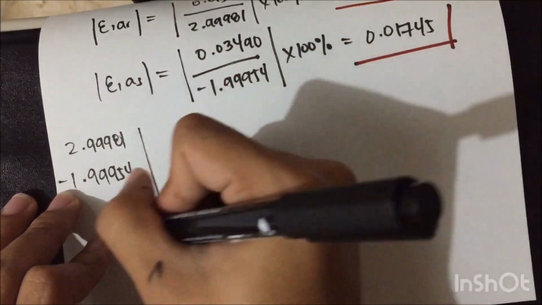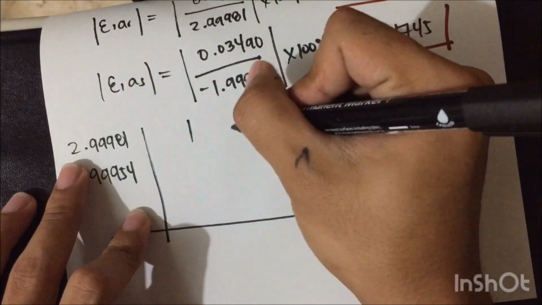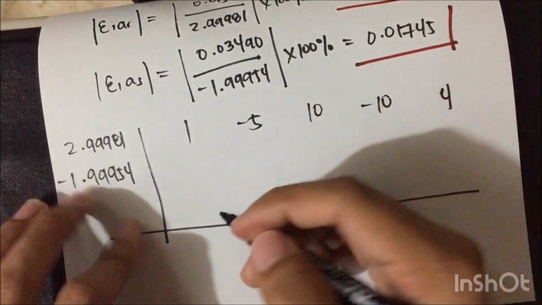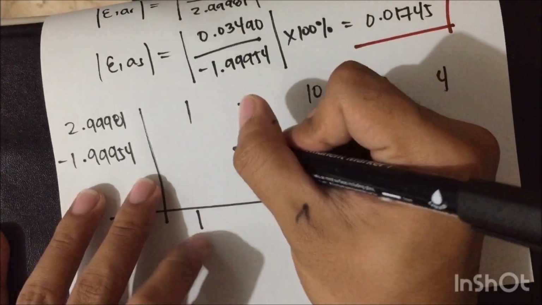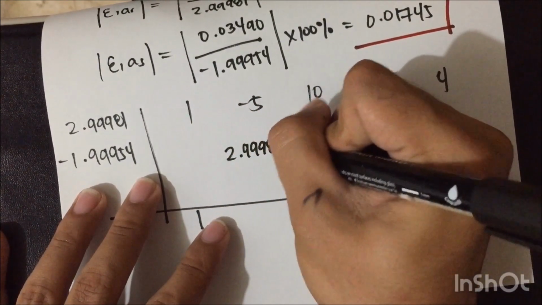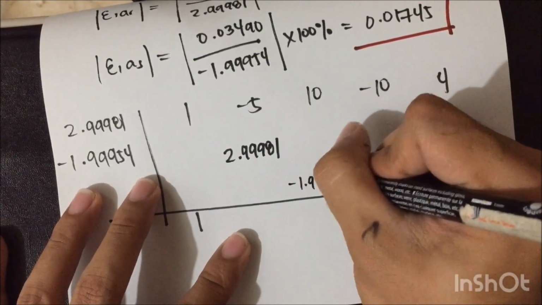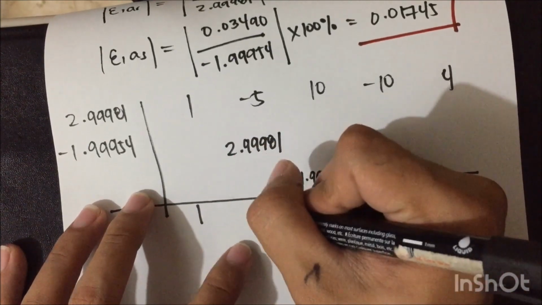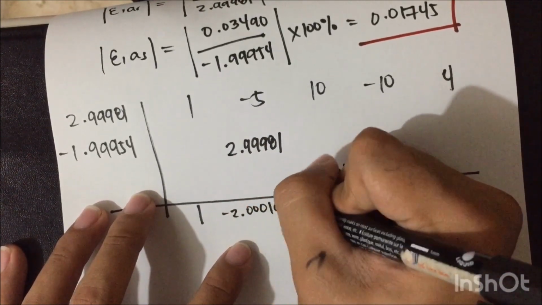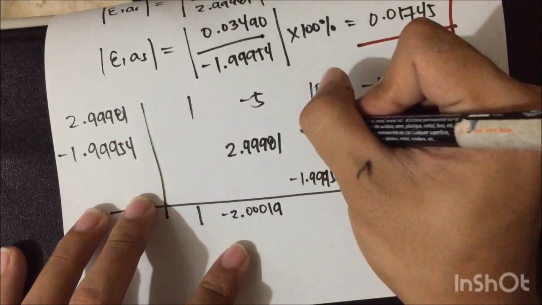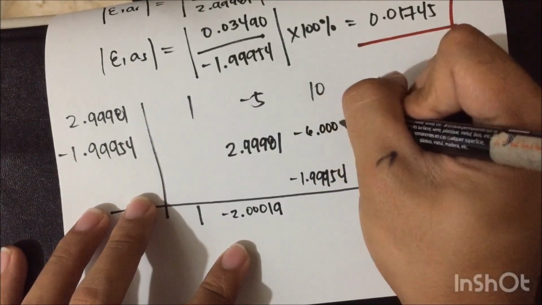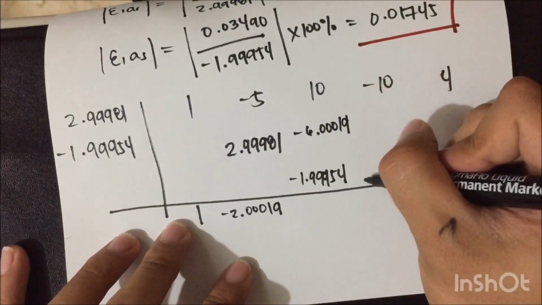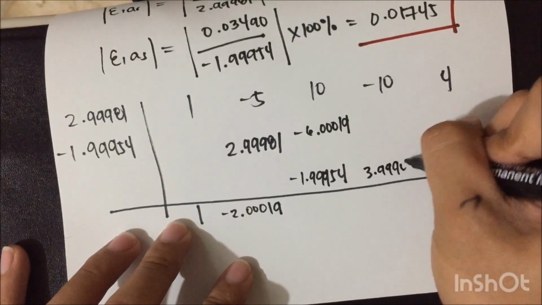So then again, synthetic division, value na 1, negative 5, 10, negative 10, and 4. So again, bring down 1. We have the value of R, 2.9981, value of S, negative 1.9954. So the sum of this is negative 2.00019 times the value of R, we have negative 6.00019 times the value of S, we have 3.9946.